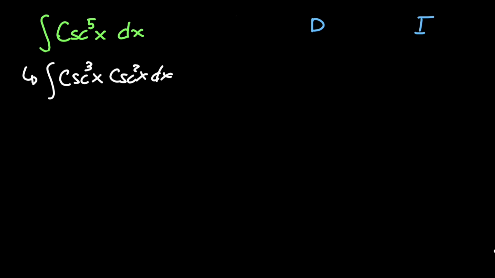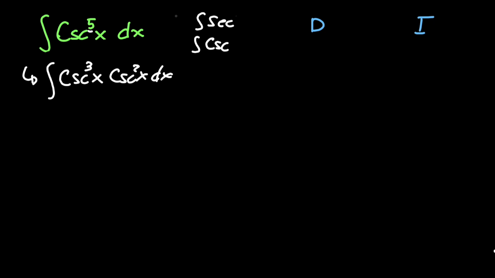By the way, just some useful information. Whenever you're dealing with an integral of secant or cosecant, if the exponent is an odd number such as 3, 5, 7, or 9, you will use integration by parts.